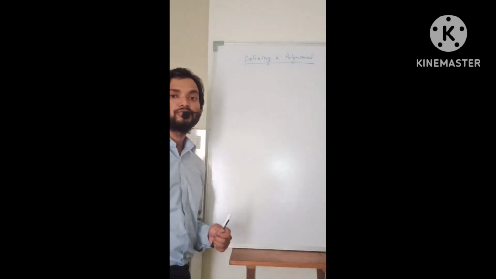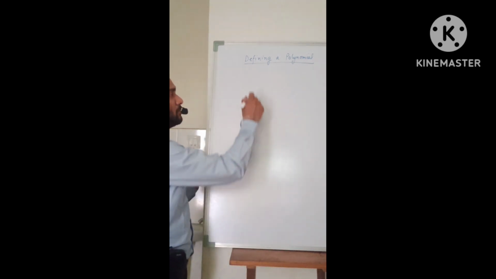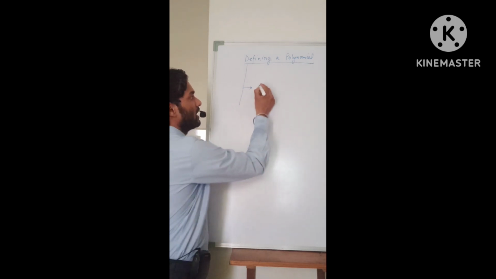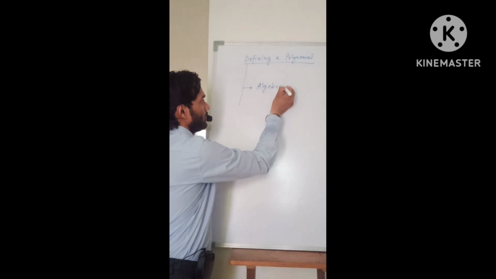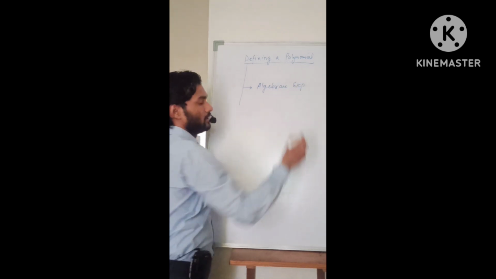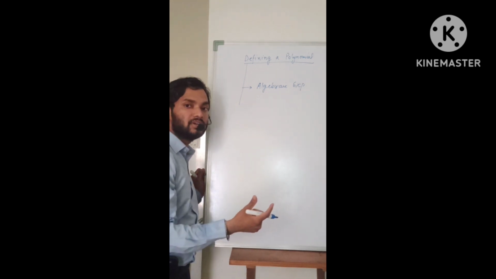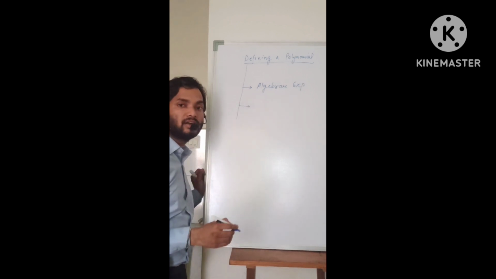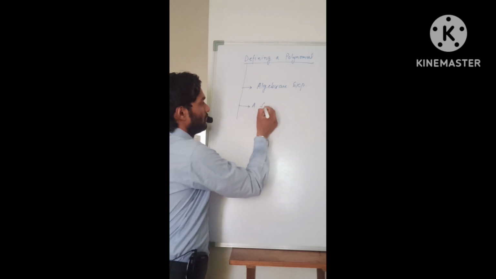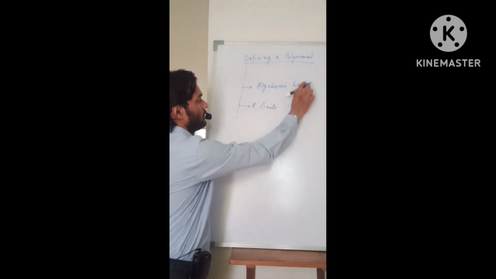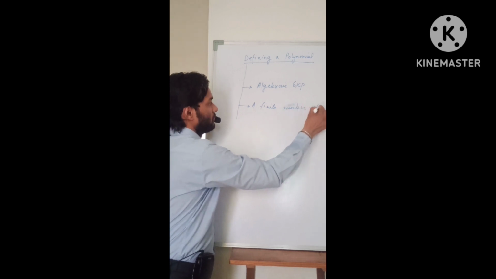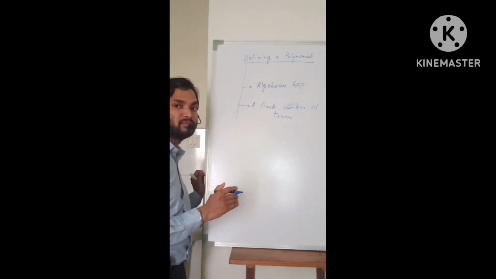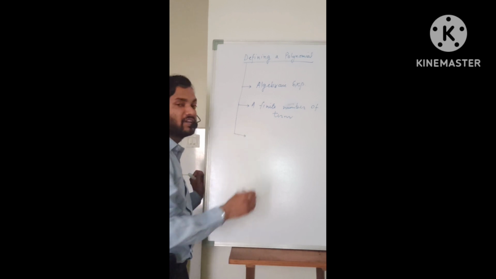The three things which we need to keep in mind while defining a polynomial are: first, the nature of the expression must be an algebraic expression, which means the different constituent terms in the expression must be algebraic in nature. Second, there should be a finite number of terms, which means a polynomial expression cannot have an infinite number of terms.